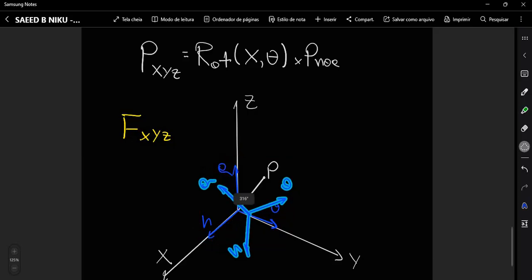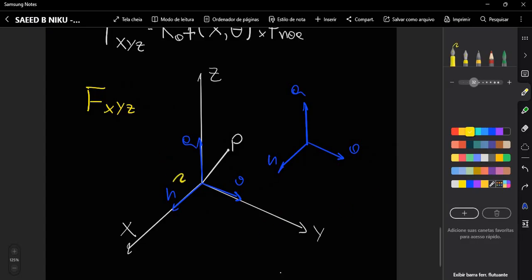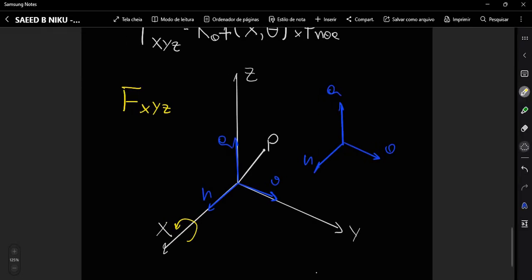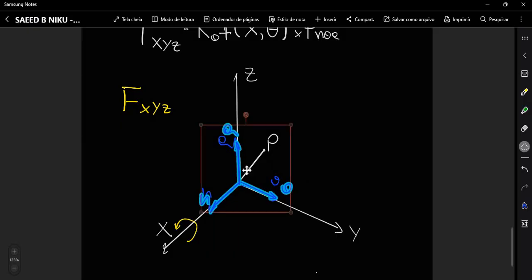Now let's say we are applying a rotation movement, but only above the axis x, so on this axis we do not have any change on position or rotation, but the unit vectors of this referential system, A and O, they will change.